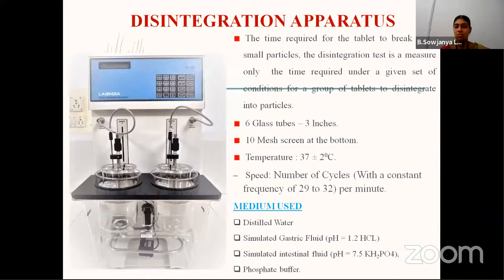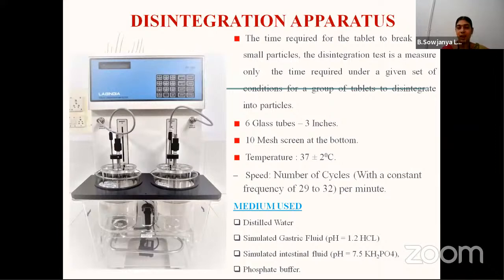The medium is generally distilled water, and also simulated gastric fluid like acetic acid at pH 1.2, and simulated intestinal fluid like phosphate buffer at pH 7.4 or maybe 7.2. Based on the formulation's solubility nature, we can select the disintegration medium.